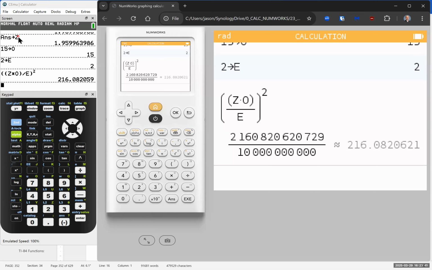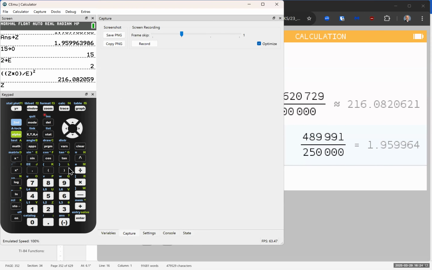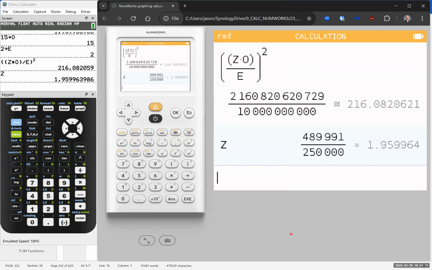So you can see here I put in the value into Z, into O, and into E. You can't quite see Z, but if I wanted to check and see what was in Z, I could have just done Shift Alpha Z and hit Enter, and it tells me the value that's in it. Same thing with the Texas Instruments. If I just put the letter Z there, it would tell me what was in it. Okay. So you can always double check that whenever you need.